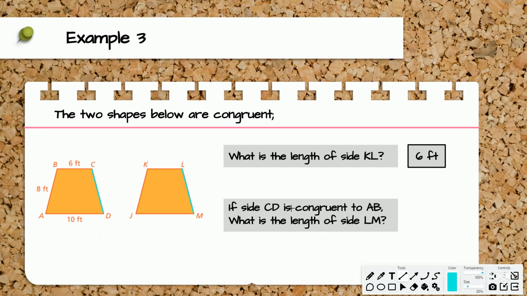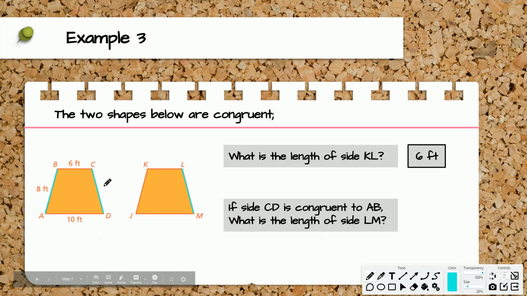But earlier in the question it says that CD is congruent to AB, so I have CD, and then I have AB, and these two sides are congruent, which means they are the same. So all of the shapes that I have that teal line on is going to be the same length as AB.